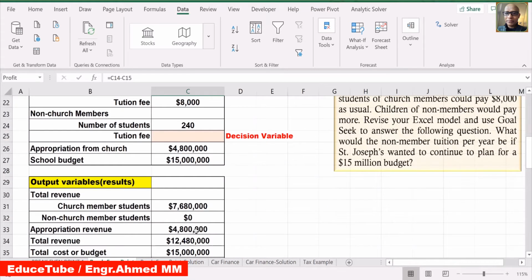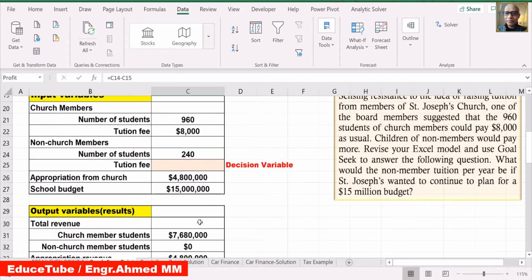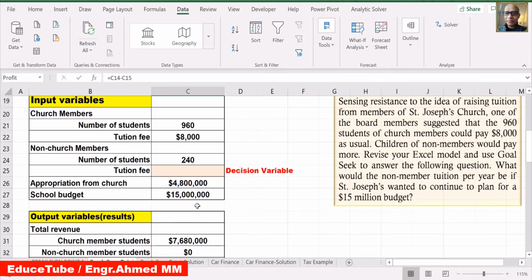Now we have to calculate the output variables. Total revenue will be church member students and how much they are paying, plus non-church member students and how much they are paying. Here it is 0 because there is no tuition fee yet.